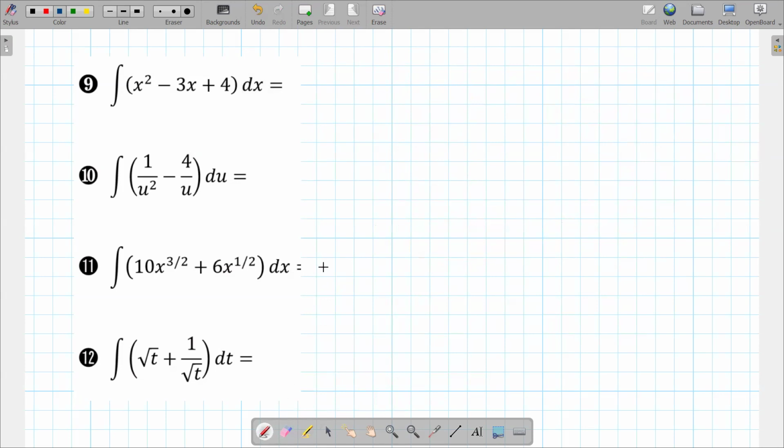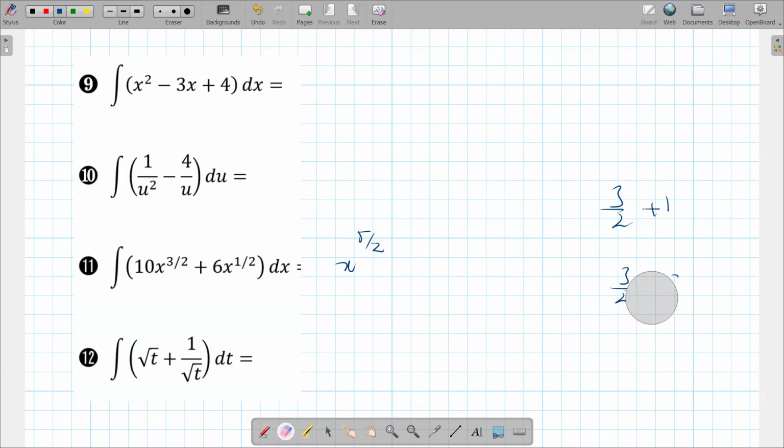Okay, let's look at 11. So this x to the 3 over 2, what's the power here? What's 3 over 2 plus 1? So 3 over 2 plus 1, that's 5 over 2.